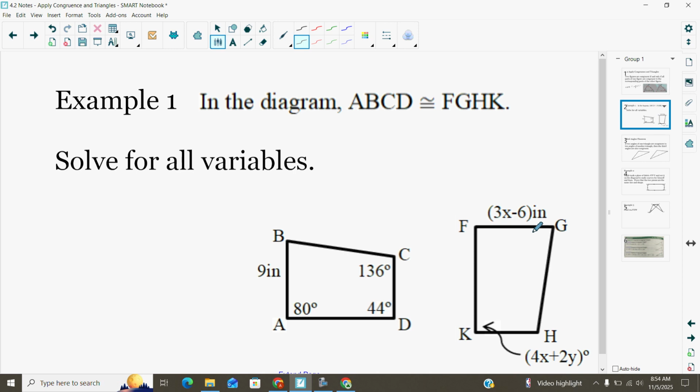So segment FG is right here. FG is congruent to AB. Again, in the same order, FG is congruent to AB. So 3x minus 6 is equal to 9. We know if two segments are congruent that their lengths are equal. So we can set those two lengths equal to each other and we can solve for x.